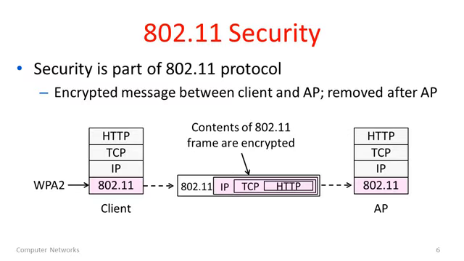In terms of our protocols, let's just look at a diagram to make sure we understand what 802.11 security is actually doing. Here's the protocol stack, and you can see down here we have 802.11. IP will be above for nearly all uses of the internet, and the protocols above that, well, it depends what you're doing. I've just shown examples. Security such as WPA2 is built in to 802.11.